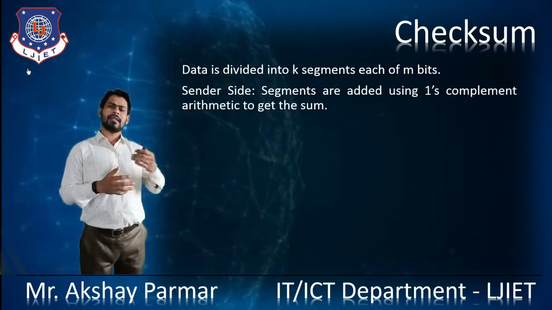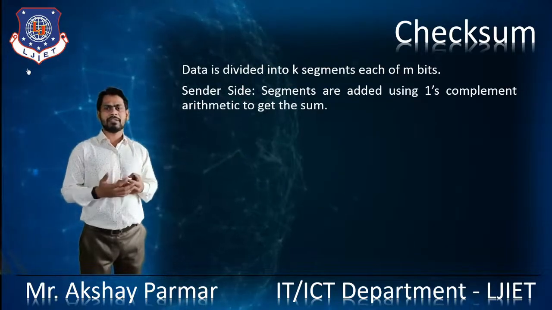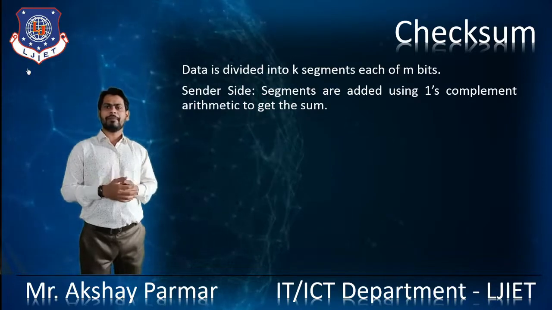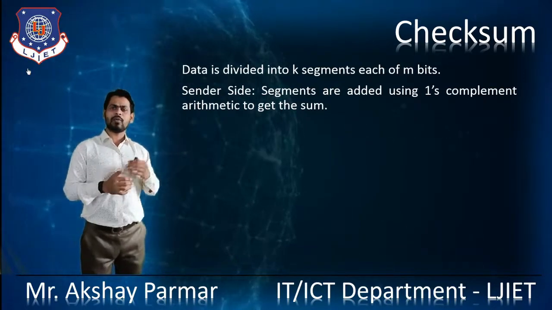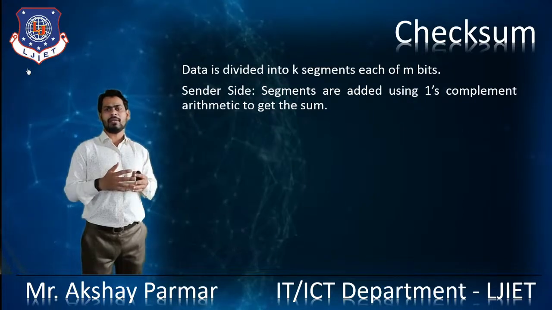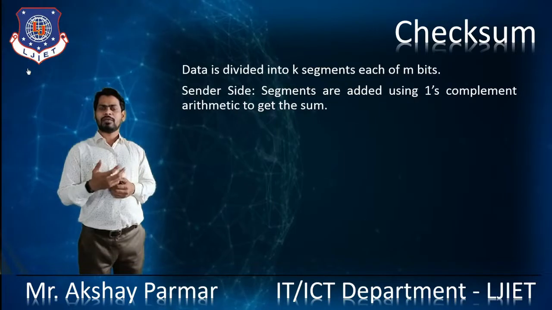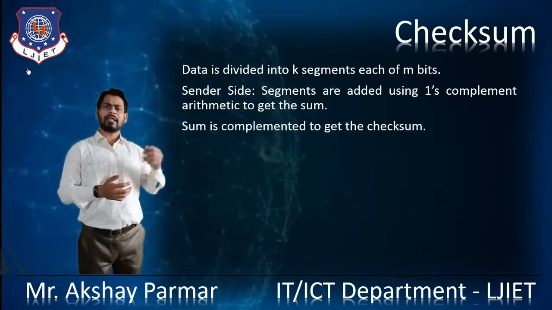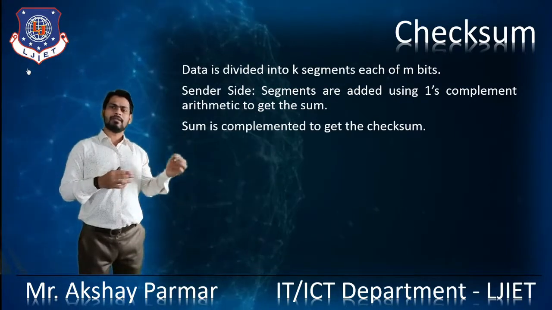After that, what tasks are performed at the sender side and what tasks are performed at the receiver side? Let's start with the sender side. At the sender side, the segments are added using ones complement arithmetic to get the sum. After getting that sum, the sum is complemented to get the checksum.